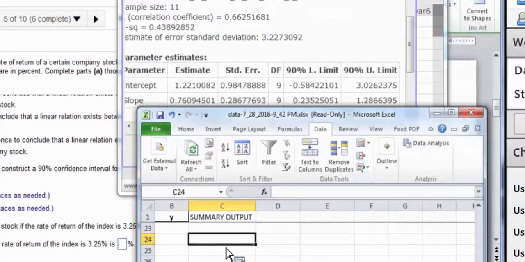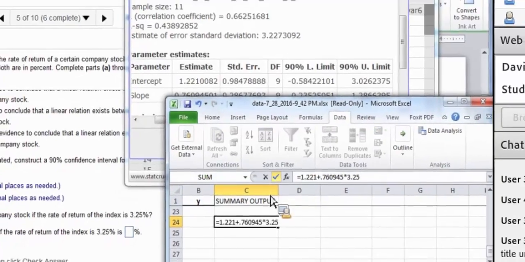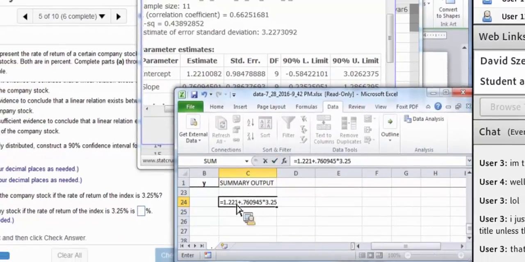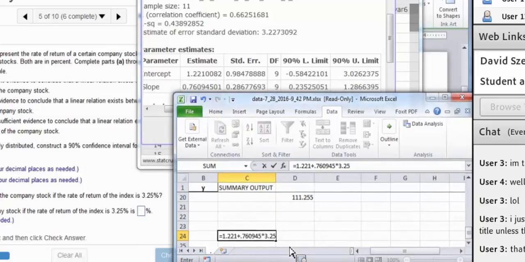Okay, so it's equals, the intercept is 1.221 plus 0.760945 times 3.25. I put in the slope and intercept from problem 4. Okay, so the intercept is 1.221. The slope is 0.76, etc.